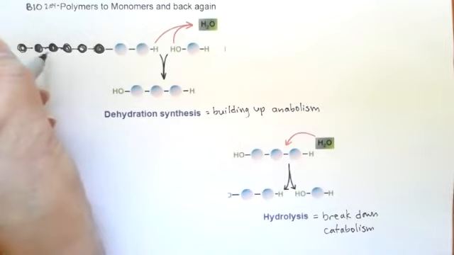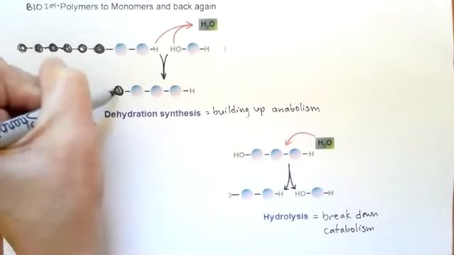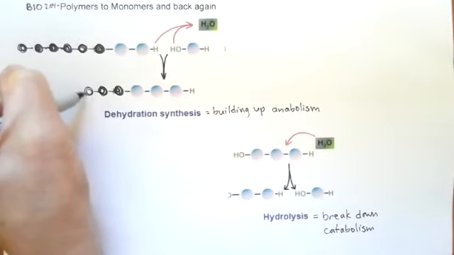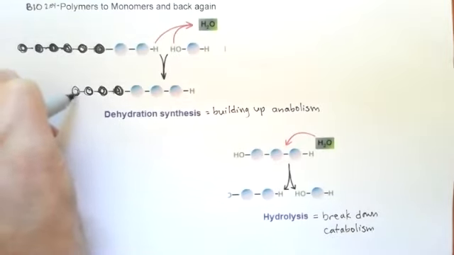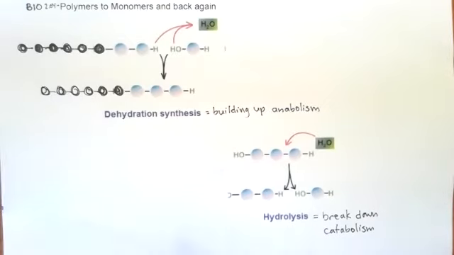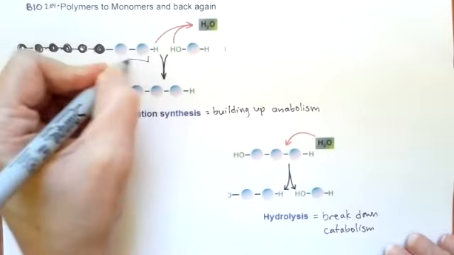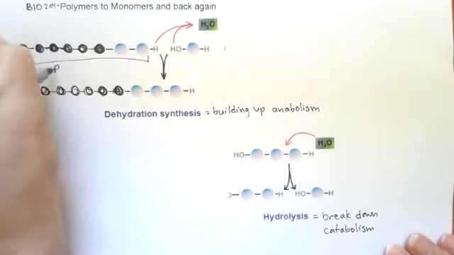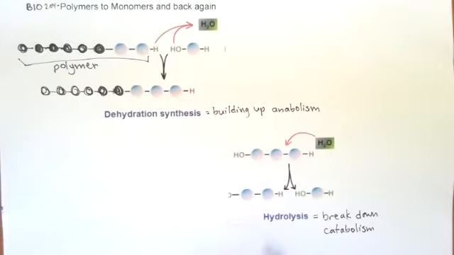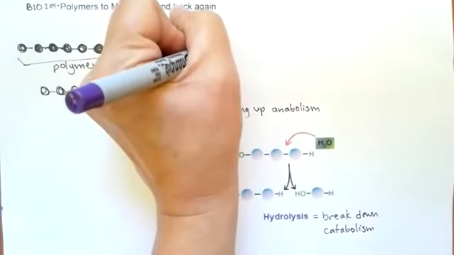So I added 1, 2, 3, 4, 5, 6. 1, 2, 3, 4, 5, 6. So hopefully it's easy to see that I have a great big long polymer. And let's pretend my monomer is glucose.